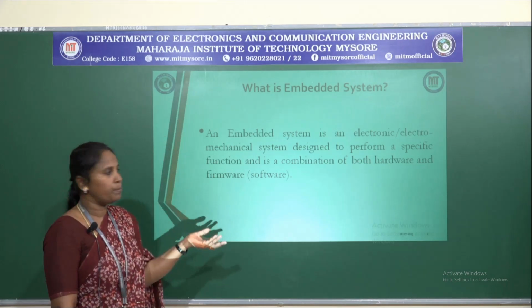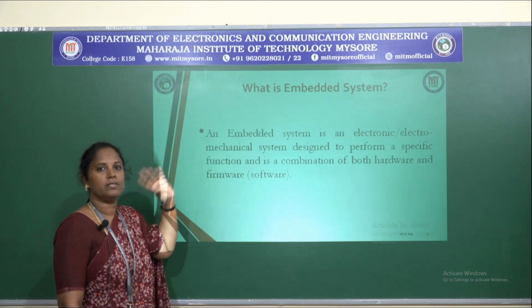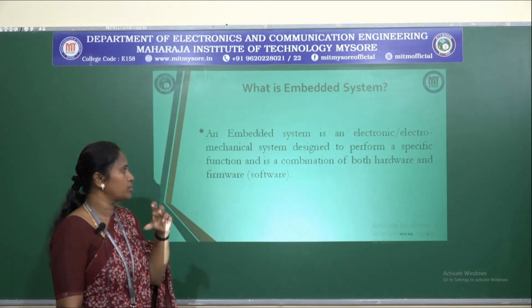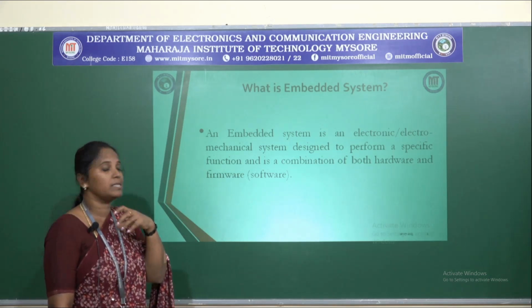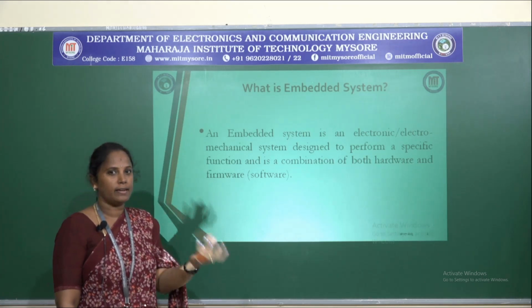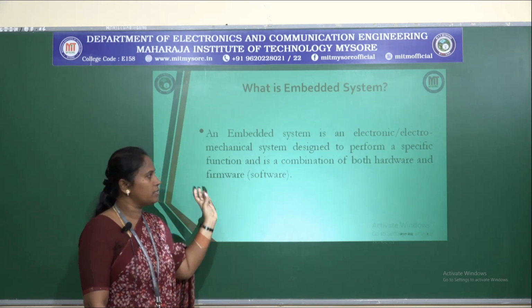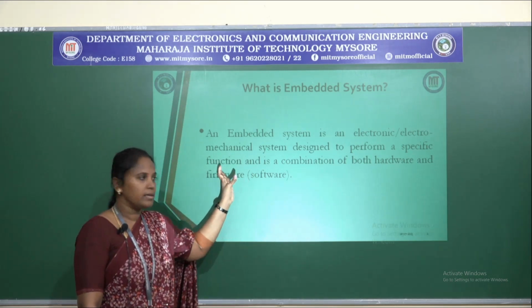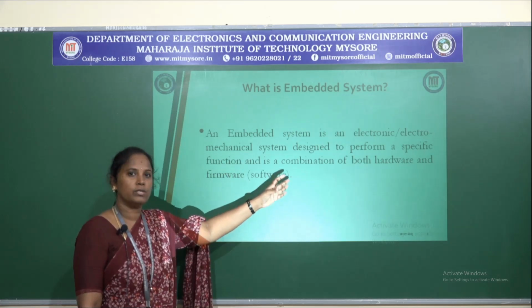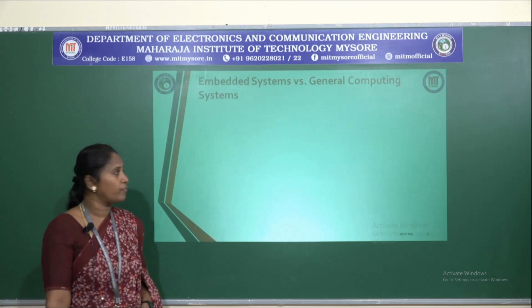It is designed to perform a specific function, that is, a specific or single application like your washing machine or air conditioning system. Along with a mechanical device, it is a combination of both hardware and firmware, which is also called software.